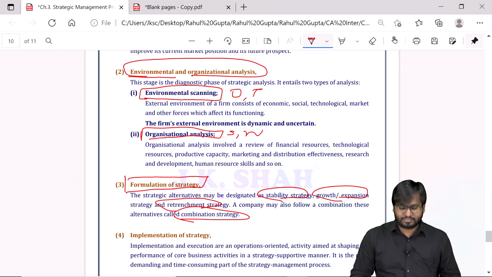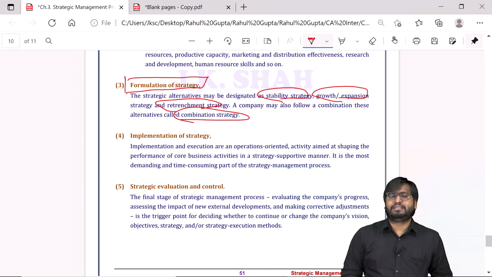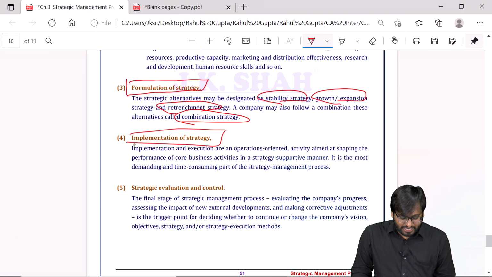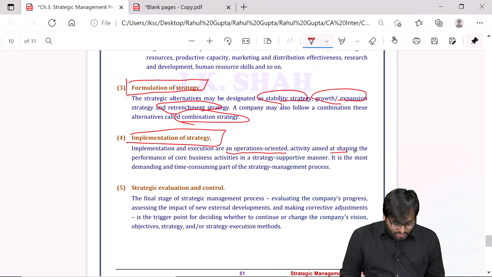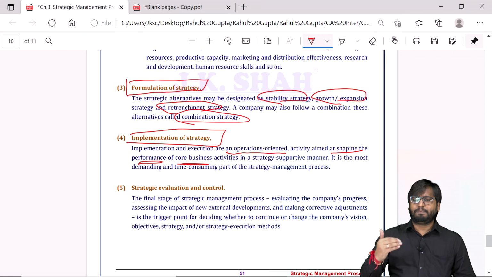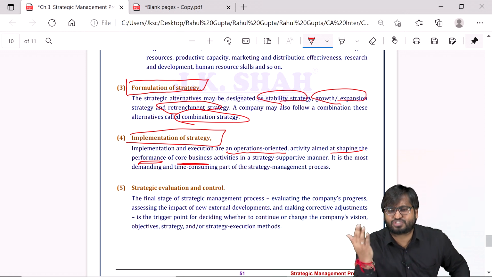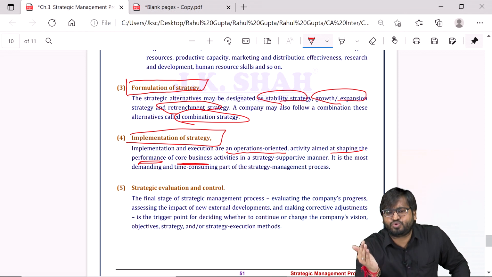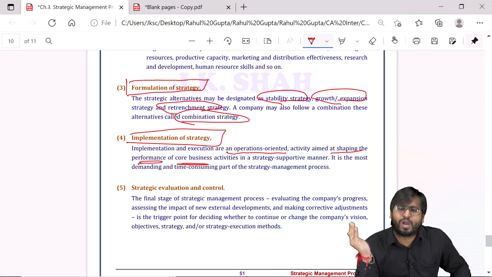Right? 4th step, implementation of strategy. Implementation and execution are operations oriented activity aimed at shaping the performance of core business. Up to step number 3, we were formulating the strategy. But now the time has come to put the plan into action.